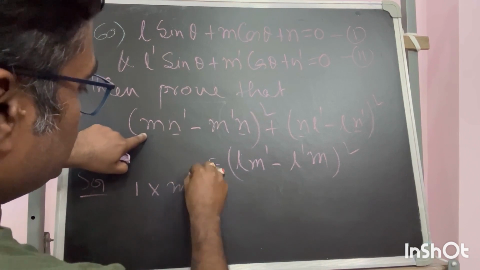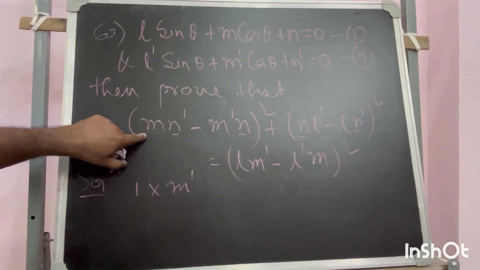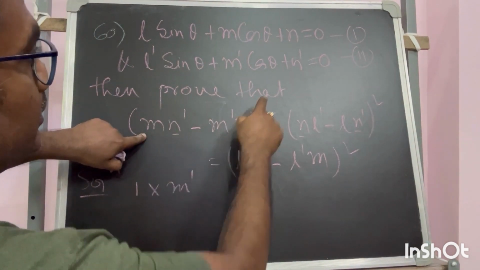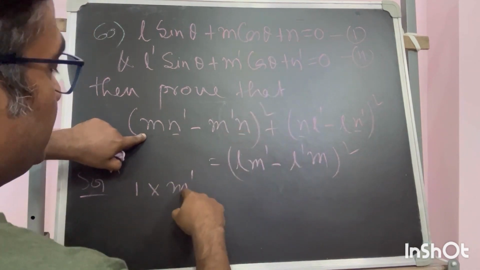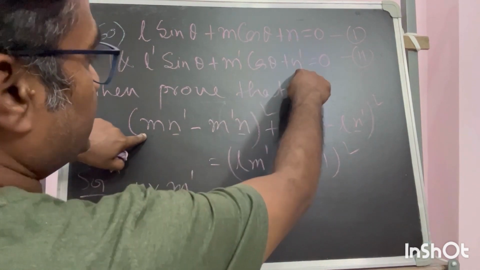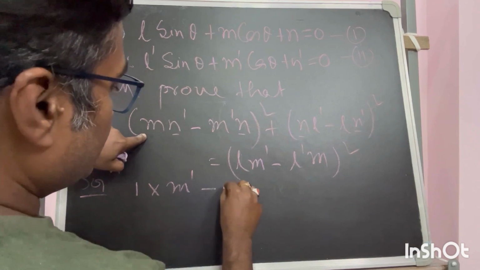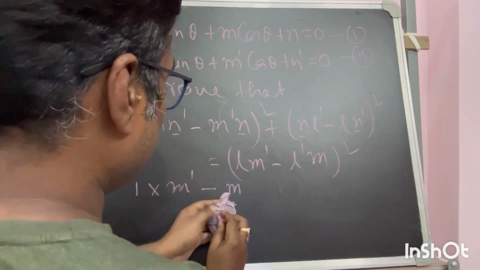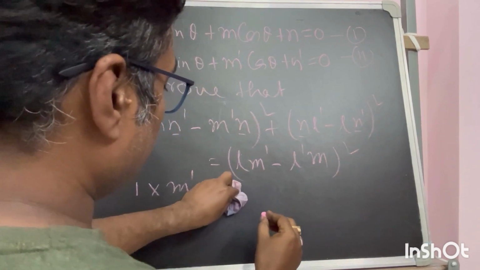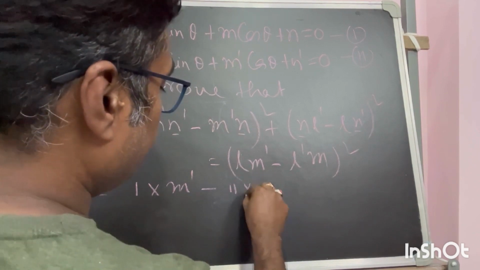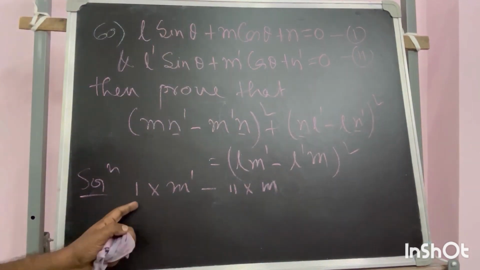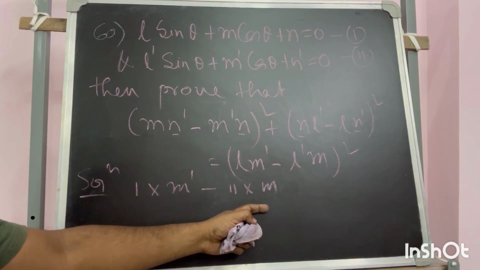So one I will do 1 into M dash, and the other, M, means with the 2. The equation 2 I will multiply by M and I will deduct this equation.